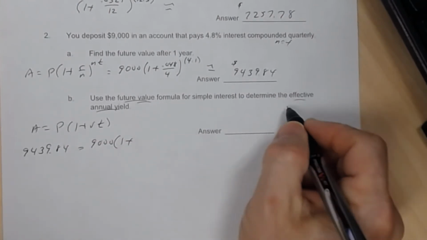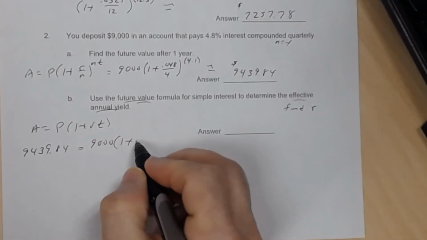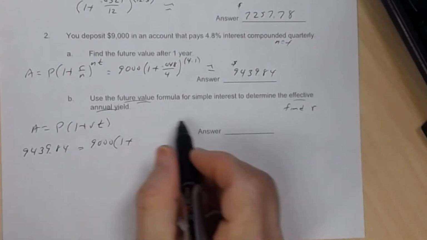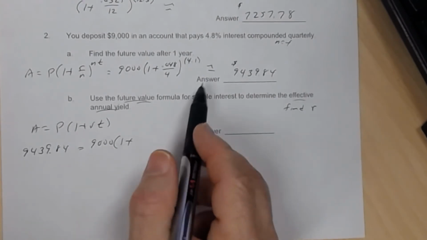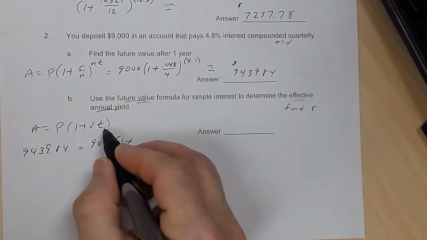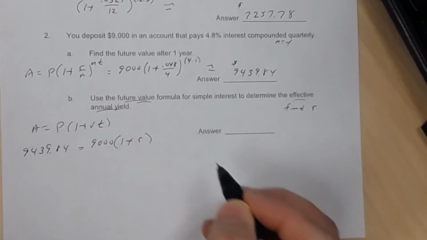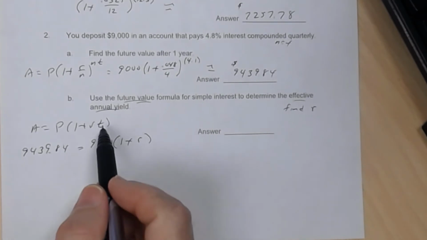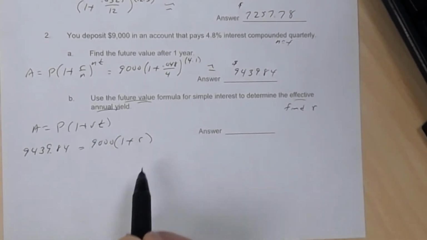So you're trying to find R in this case. It'll be R times T, and T in this case is 1, since it says 1 year. So R times 1 is just R.